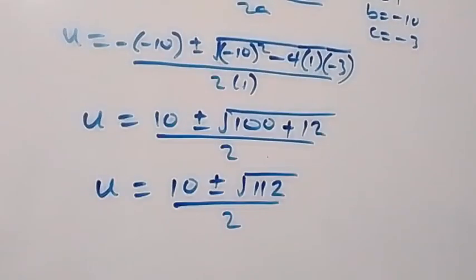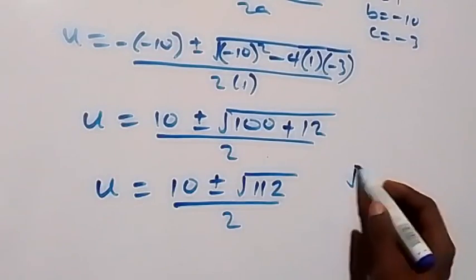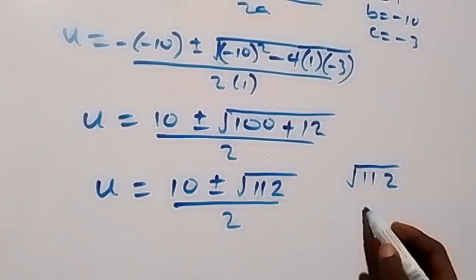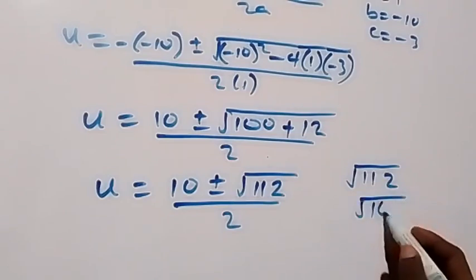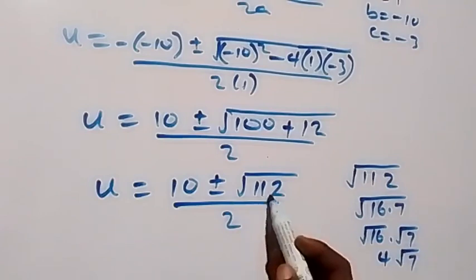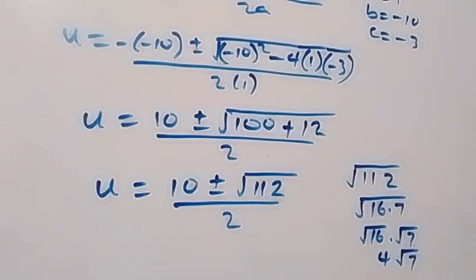And from here, with 112, we can separate that as root 16 times 7. And from here, this can be written as root 16 times root 7, which is 4 root 7. So root 112 here, we can write as 4 root 7.